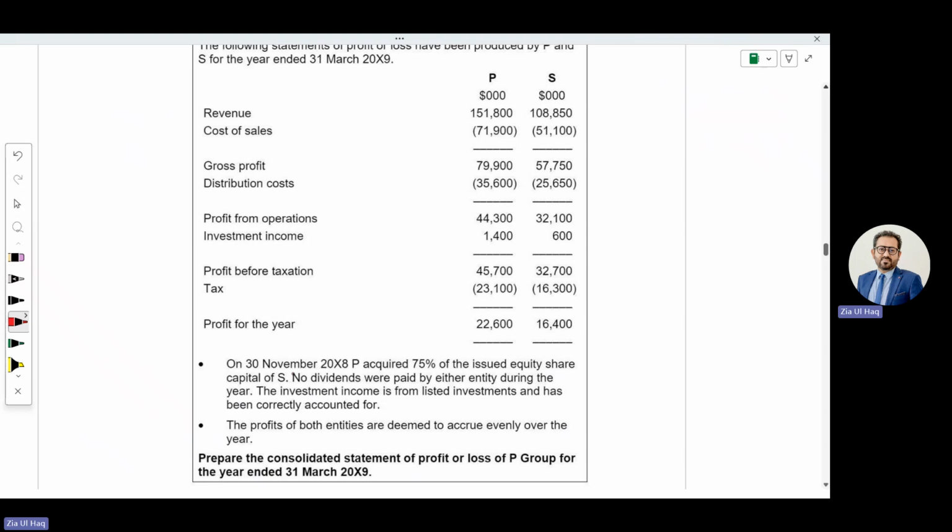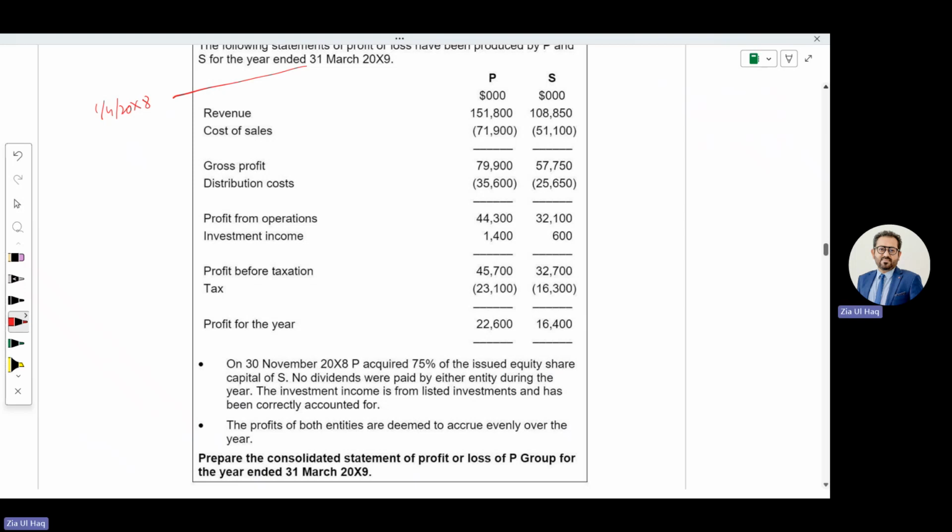If the year end is 31st March, when did the year start? 1st of April 20x8. On 30th November 20x8, P acquired 70% of the issued equity share capital of S.